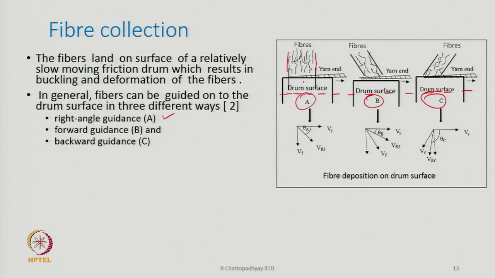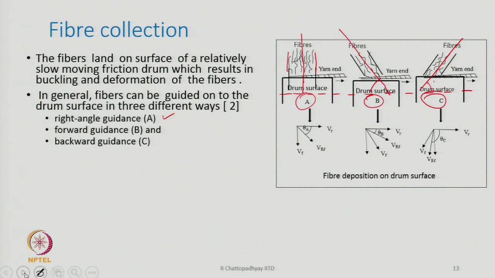In the case of B, it is coming at an angle, like this is the angle, and in the case of C, it is also coming at an angle. There are three different ways of guiding the fibers on the surface of the friction drum. Here it is perpendicular.